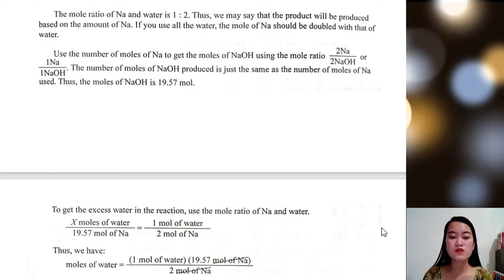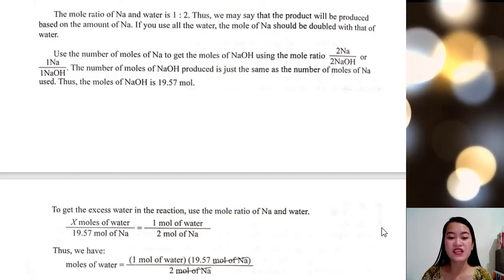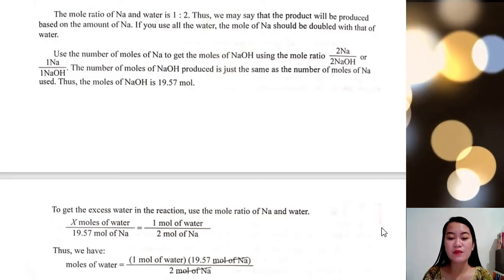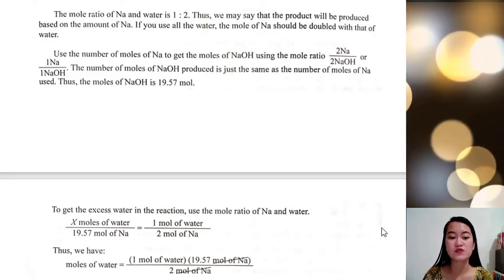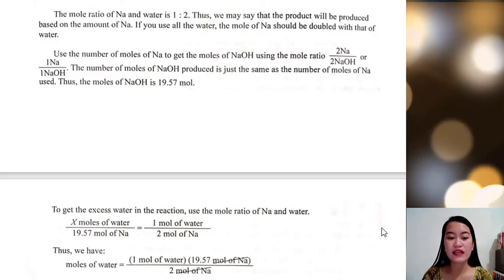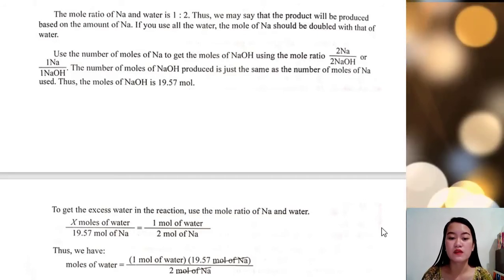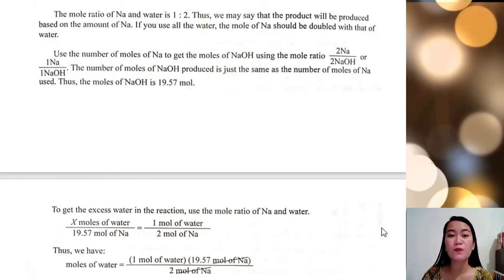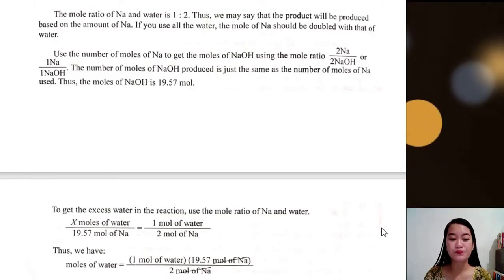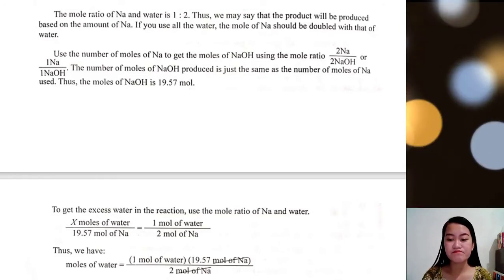Okay, the number of moles of NaOH produced is just the same as the number of moles of Na used. Thus, the moles of NaOH is 19.57 mole. Okay, napakadali lamang po kung paano kukunin.